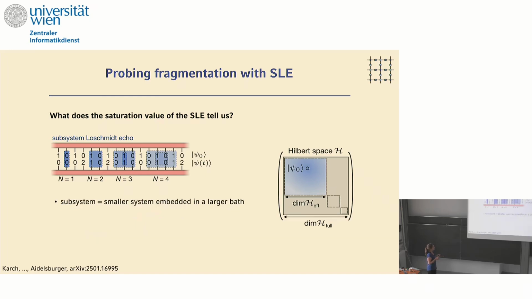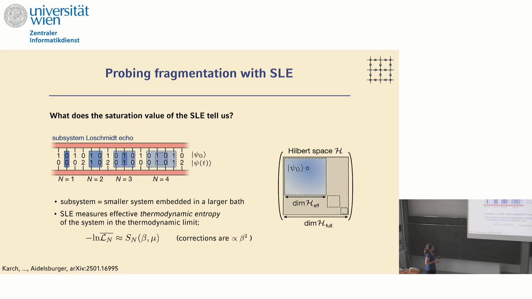And indeed, doing a little bit of math, if one describes this in a grand canonical ensemble, really having this picture that the subsystem is embedded in a larger system, one can derive a connection between this time-averaged subsystem Loschmidt echo and the thermodynamic entropy, S_n. And there are actually corrections as a function of beta, which scale as beta squared, and in the limit of t to infinity, essentially disappear.